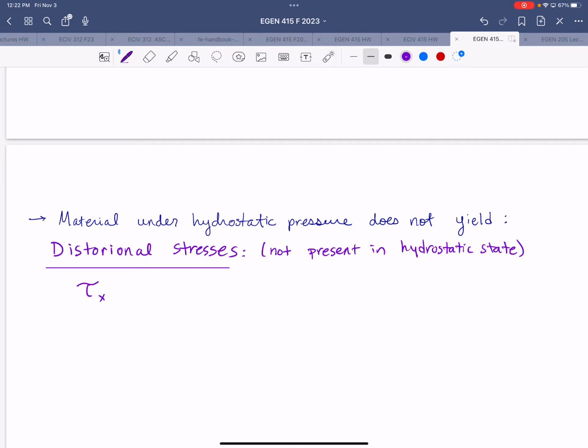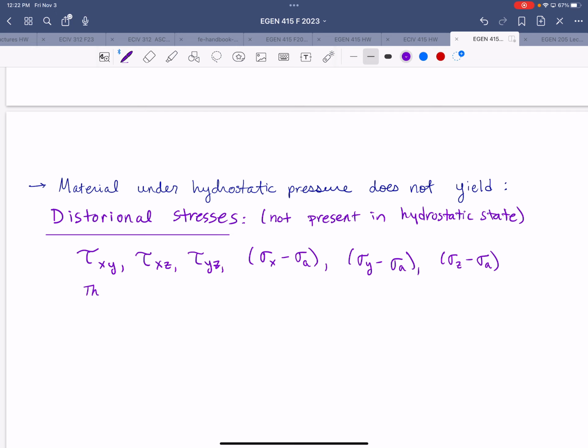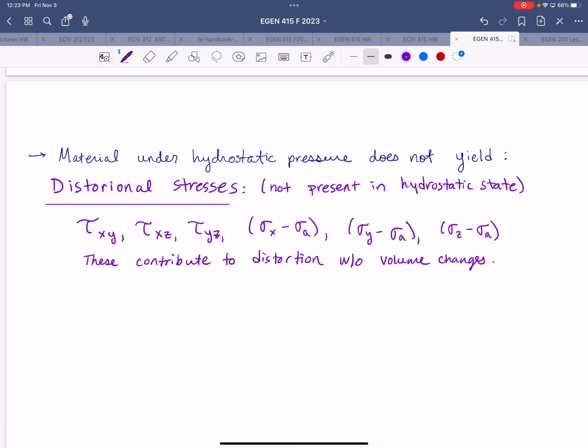So that would be any shear stresses, and then any variation between a normal stress and the average normal stress. All right, so I'm going to define the strain energy of distortion.